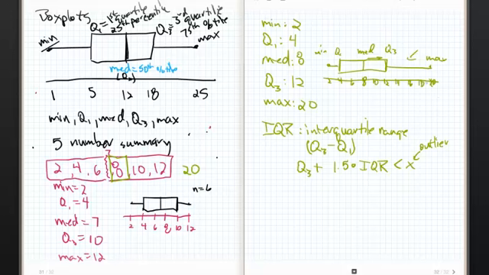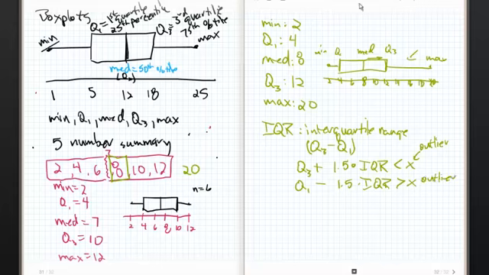If I add 1.5 times the IQR to Q3 and I get a data value that's bigger than whatever that number is, that's an outlier. Similarly, if I take Q1 and I subtract 1.5 times the IQR and I get a value that's less than that, then this is considered an outlier.